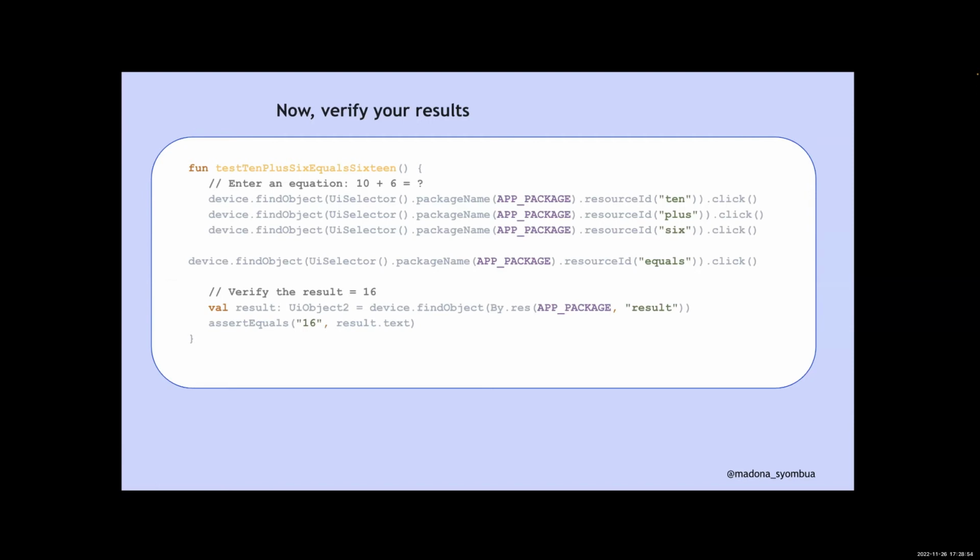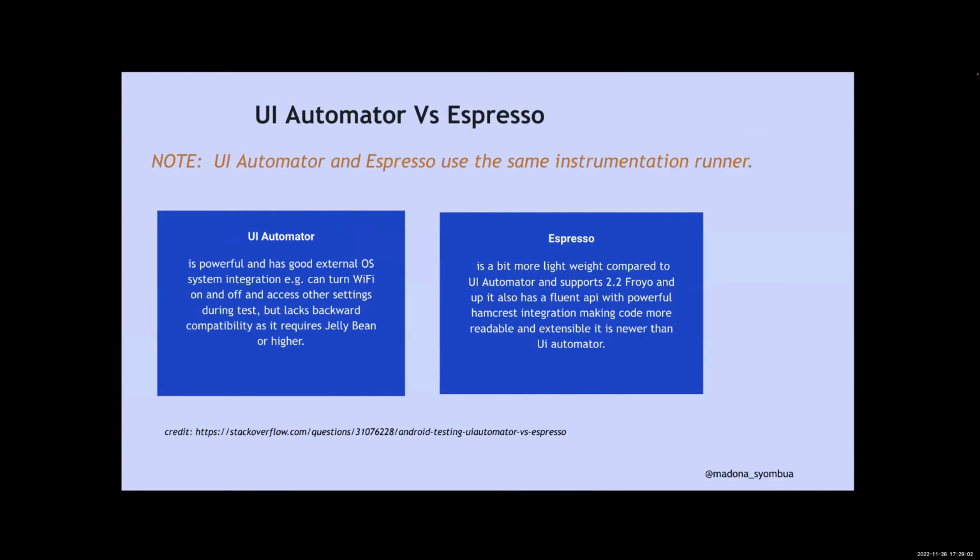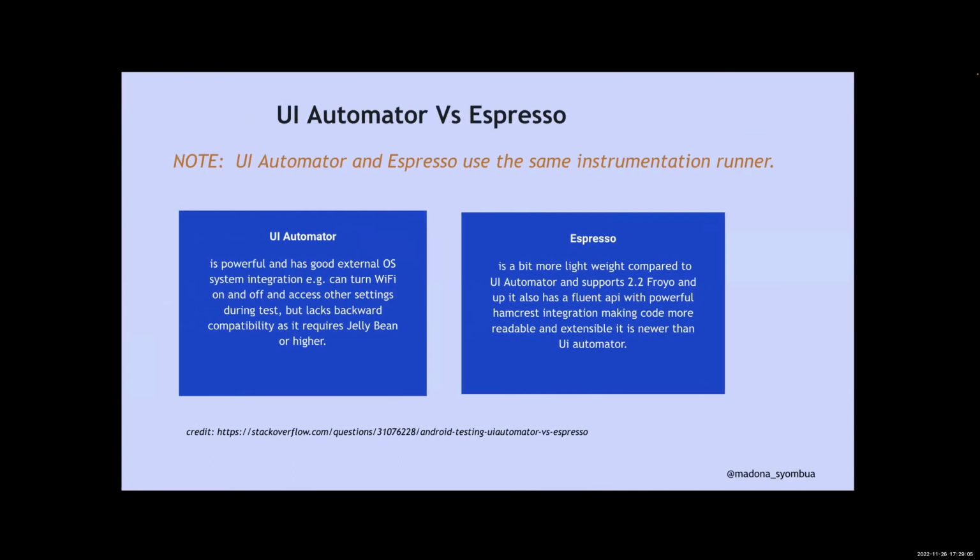It is tedious compared to the way we would do it in Espresso, because that would be a very simple line of code. But that remains something that both of us can agree on, if you want to use Espresso or UI Automator.